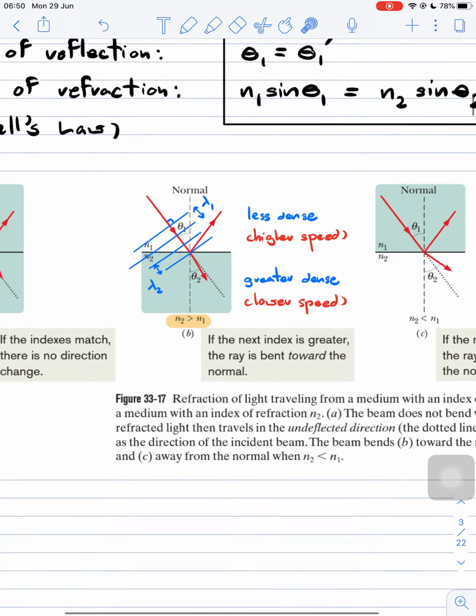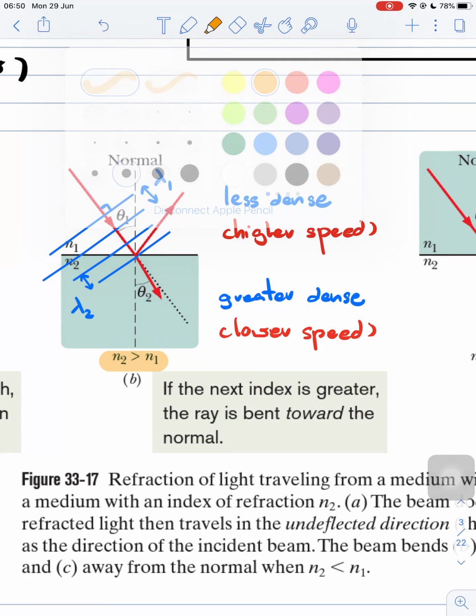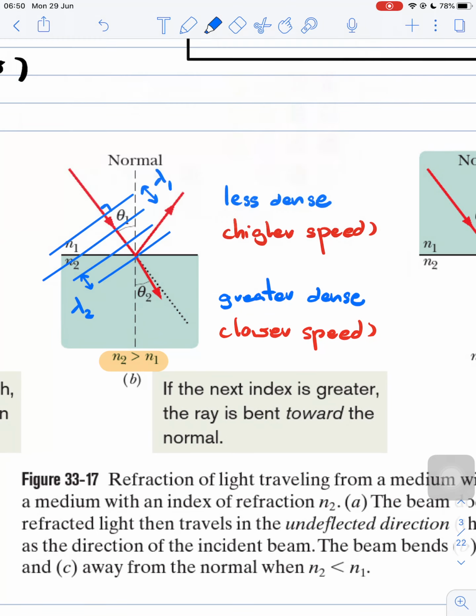It means that this refracted light must be bent toward the normal line here. So let's mark this one: the ray is bent towards the normal line.